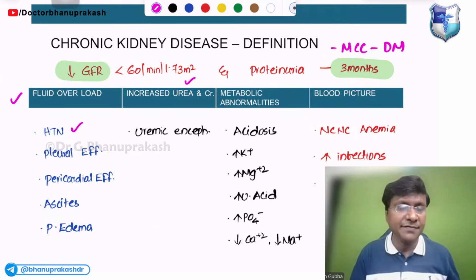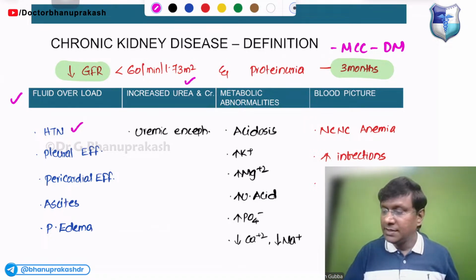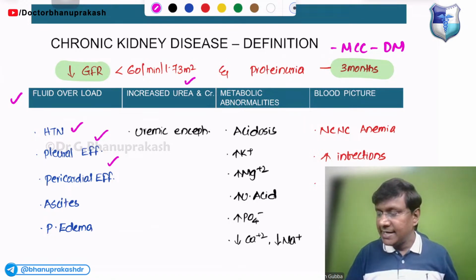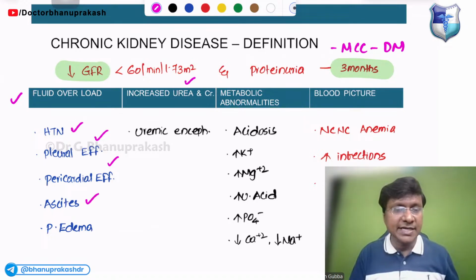The cardiovascular manifestations in the form of hypertension, then the pleural abnormality where the fluid accumulates in the pleural space resulting in pleural effusion. In the pericardial space, there will be fluid accumulation resulting in pericardial effusion. And in the peritoneal cavity, the fluid gets accumulated that will result in the development of ascites. In the lower limbs, the fluid can get accumulated that will result in pedal edema. So these are the features due to the fluid overload.